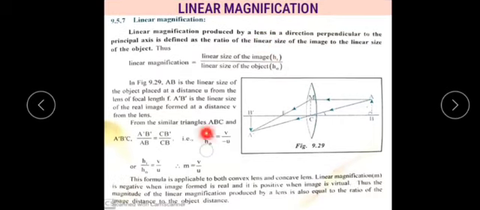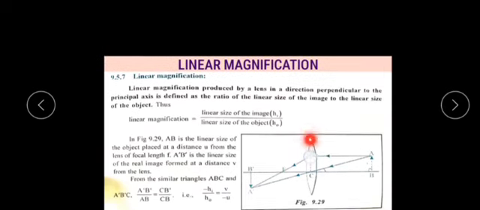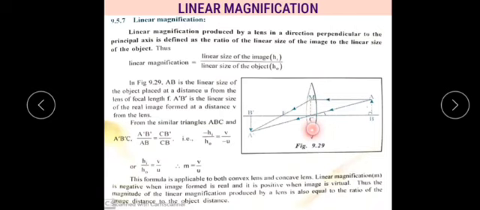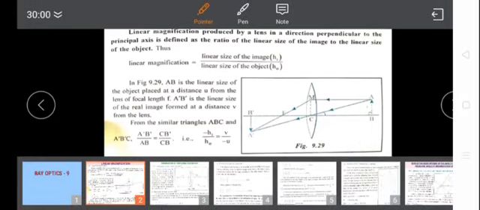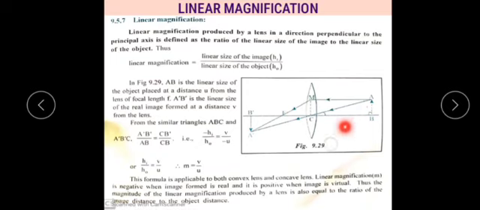Then, as per the figure, this is a lens. C is the center of the lens, which we can call the optical center, and AB is the object. Two rays are required to get the image. The object is present at a distance u from the optical center, which we call the object distance.